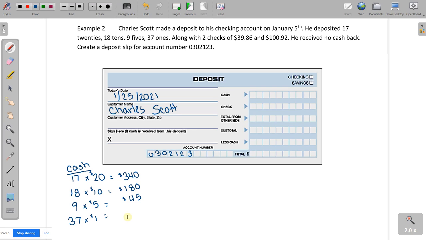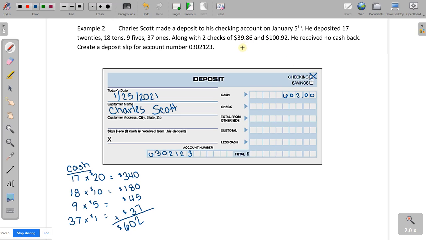And 37 1s. So that's $37. Now we're going to add all this up. We get $602. So this is the amount of cash. So we're going to put $602, and it's going into his checking account.